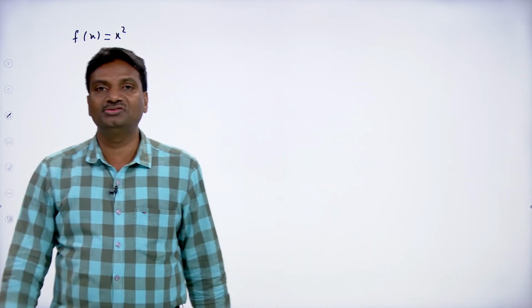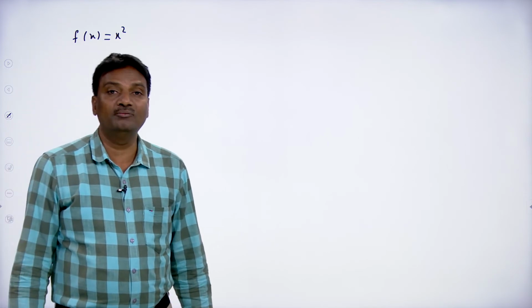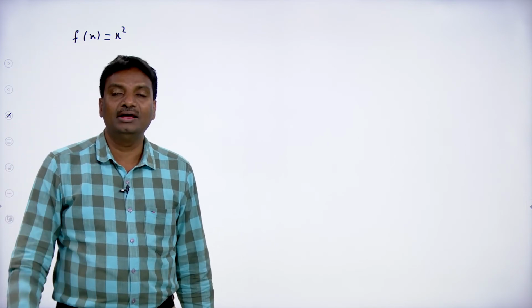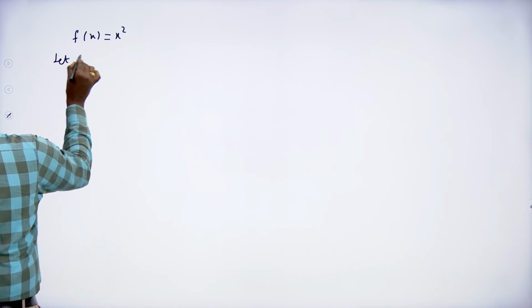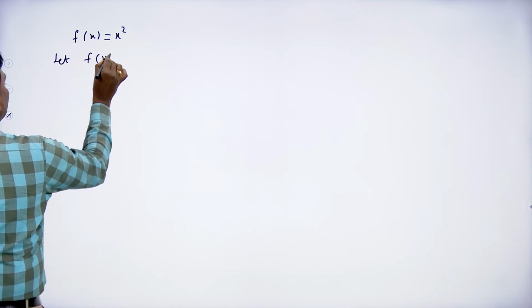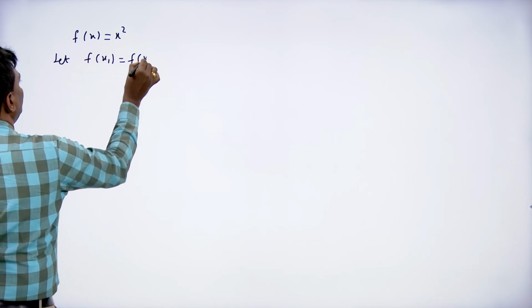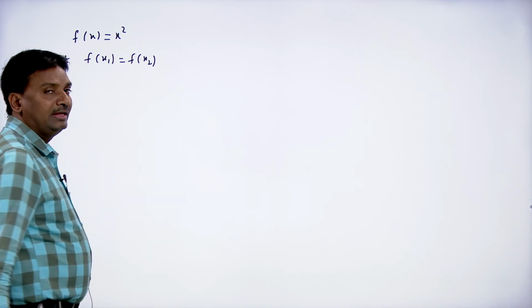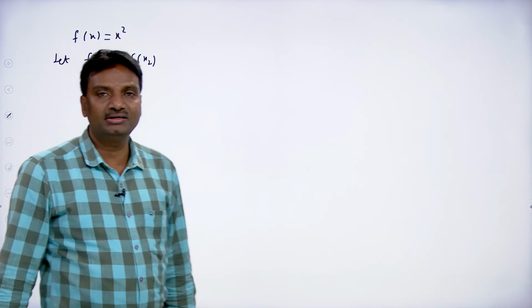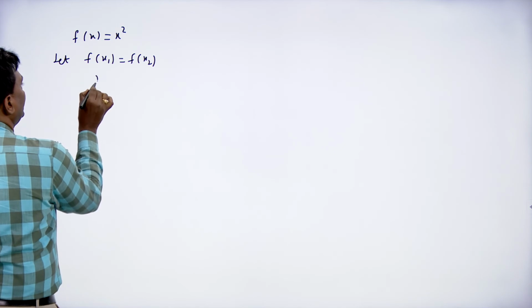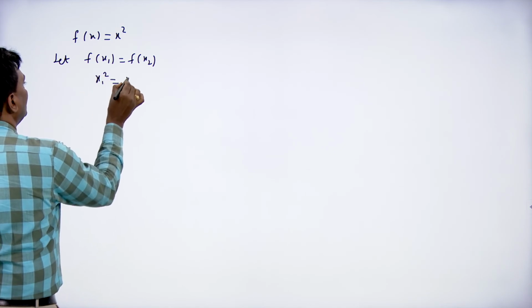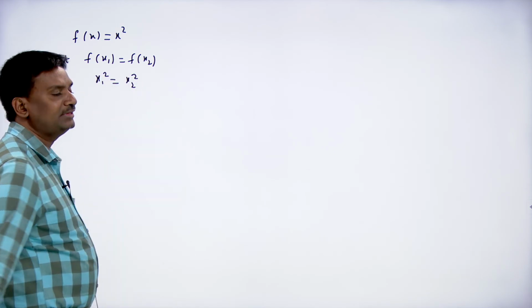So clearly we can say f is a 1-1 function, or you may consider f of x1 equal to f of x2. According to the problem, we have the function f of x equal to x square. So f of x1 can be written as x1 square, f of x2 can be written as x2 square.